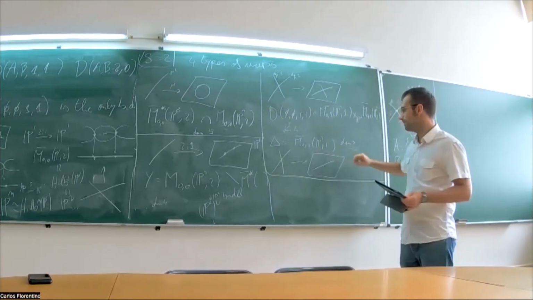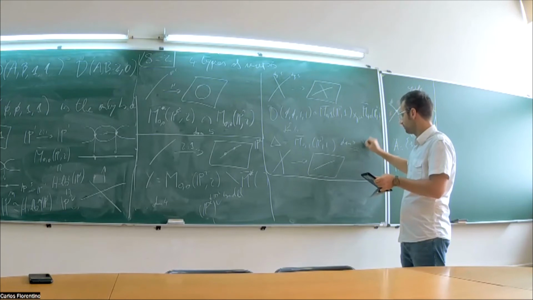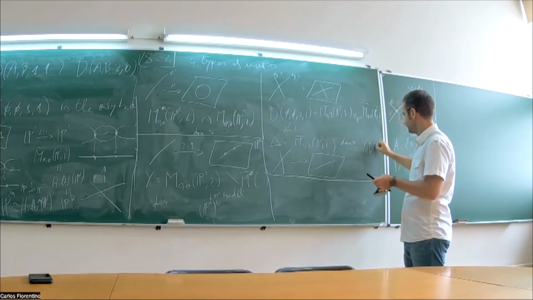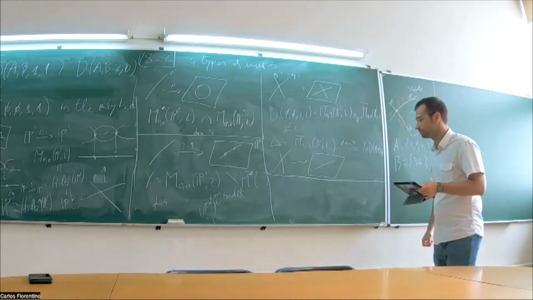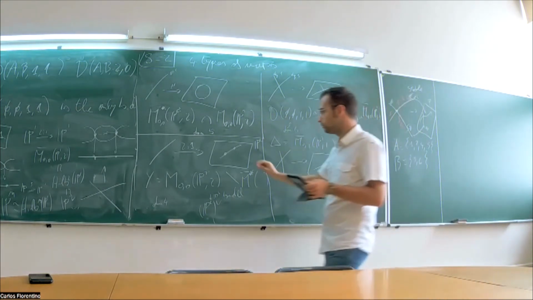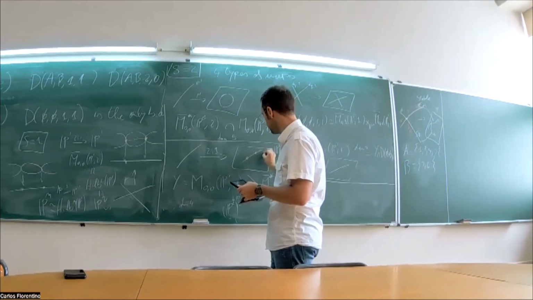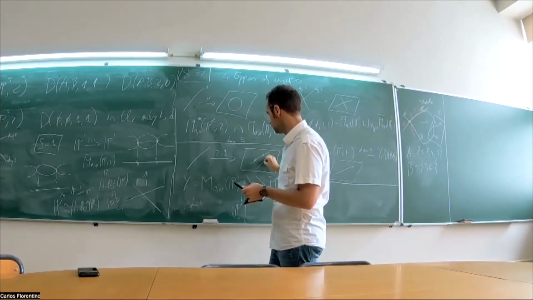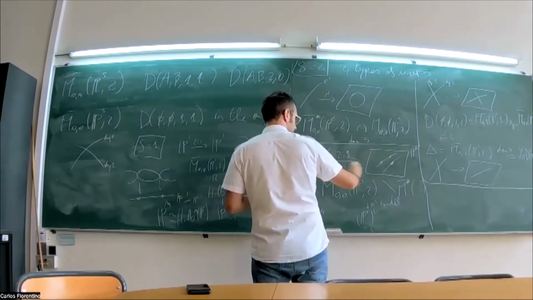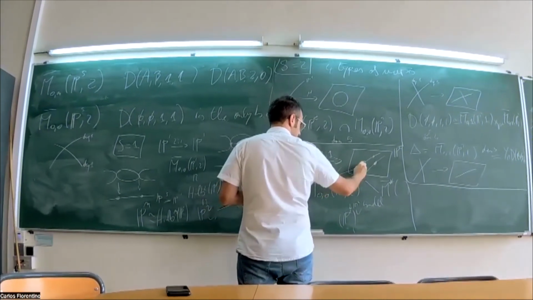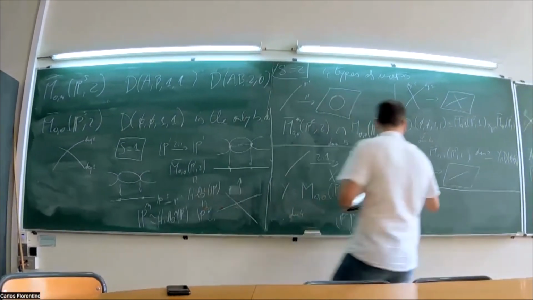This delta can be given as this intersection. Because when these 2 points coincide, I cannot have anymore a 2-to-1 map of this type, so I must have a reducible one, which are these here.